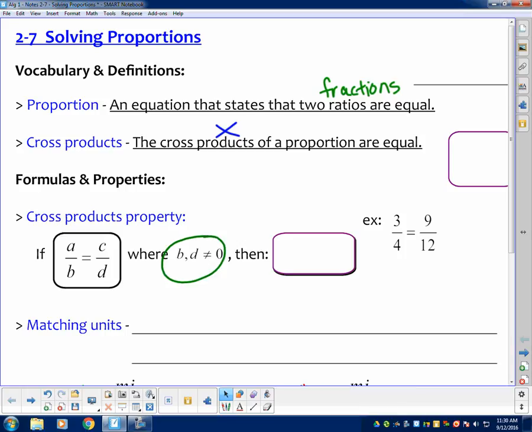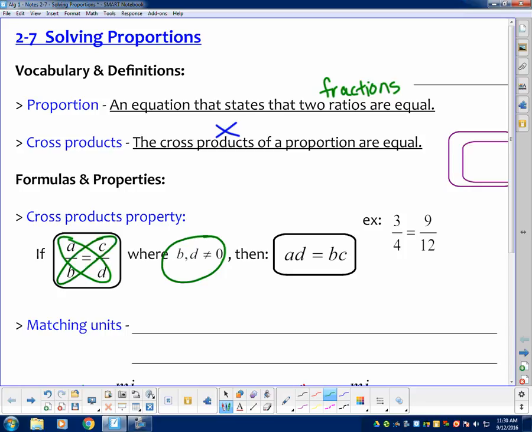But if I had two fractions that were equal, then A times D, if I multiply this way, equals B times C. Multiply this way.